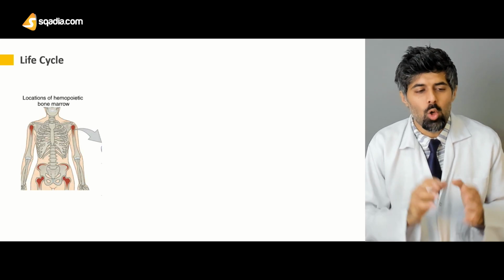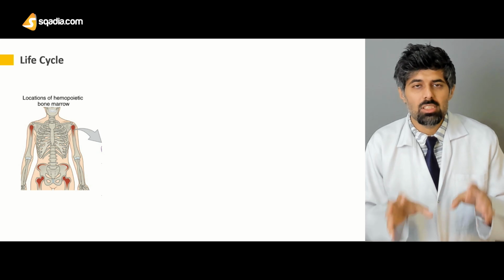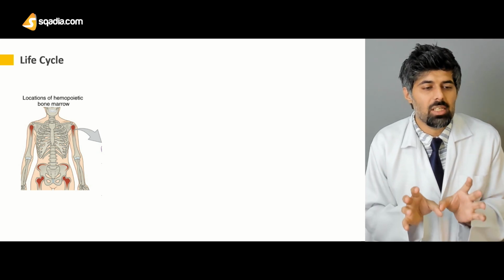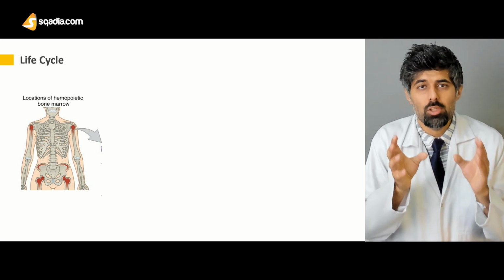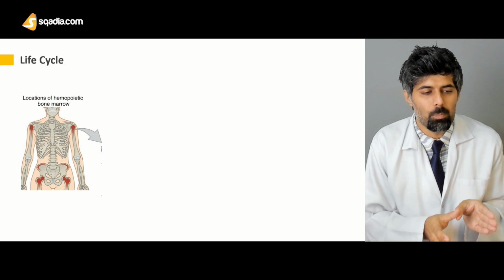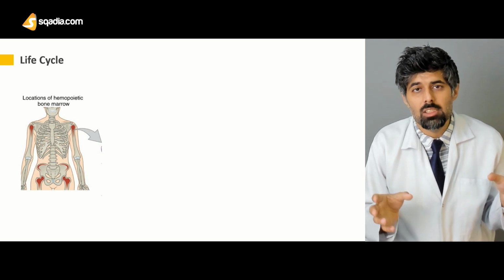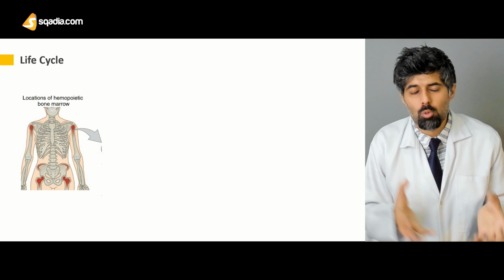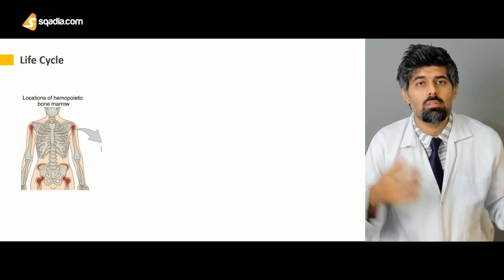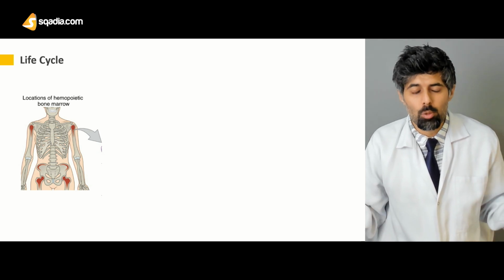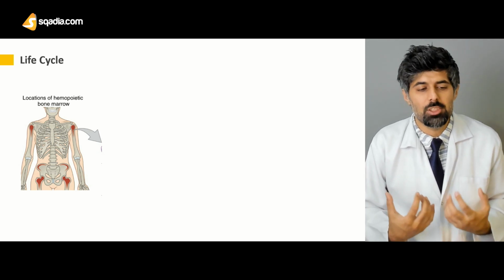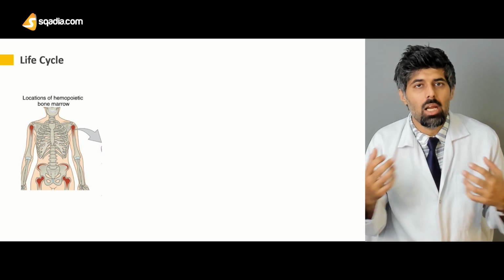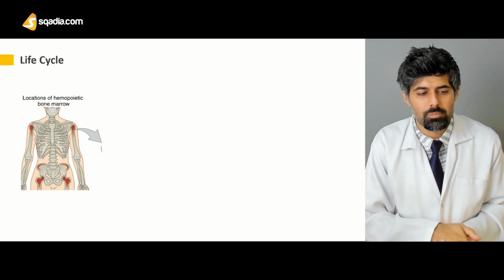The life cycle of the RBC. Now, we know that there are certain points in our body which are designated as the hemopoietic sites. These are the locations of the hemopoietic bone marrow. Usually the sites of the hemopoietic bone marrow are the distal ends of the long bones and the bone marrow of the membranous bones, such as the sternum, rib, and the body of the vertebra.